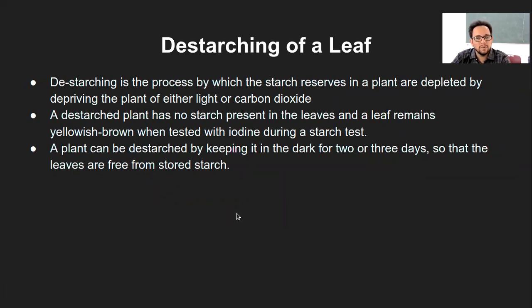Even if you don't allow photosynthesis for a day or two, that plant can still survive because it has a storage of starch. So to deplete that starch completely, the de-starching of leaves is done by keeping a plant in a dark room. So that is what de-starching is.